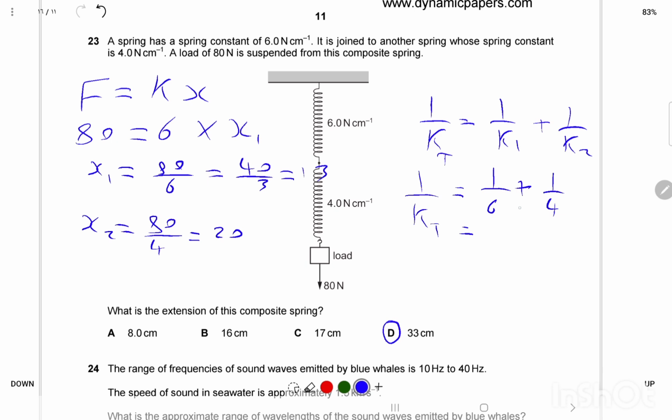Then after simplifying and having the same denominator, you get 4 plus 6, 10 over 24. This is 1 over k total.